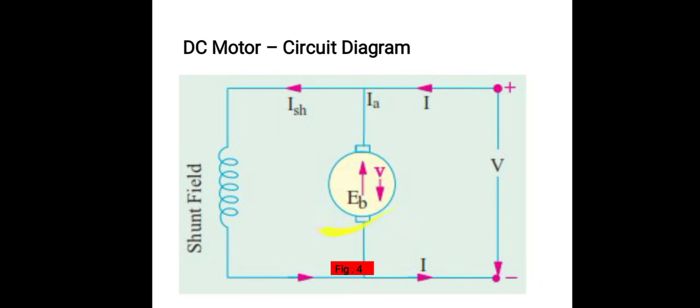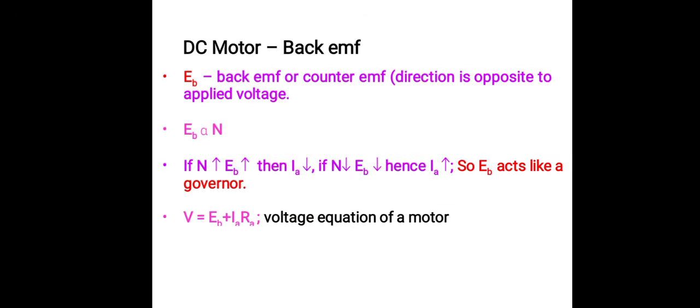And we have back EMF in the motor, which is opposite to the supply voltage. So that Eb is represented with the direction opposite to the voltage. So what is back EMF?